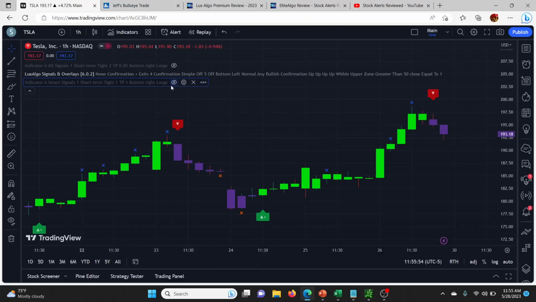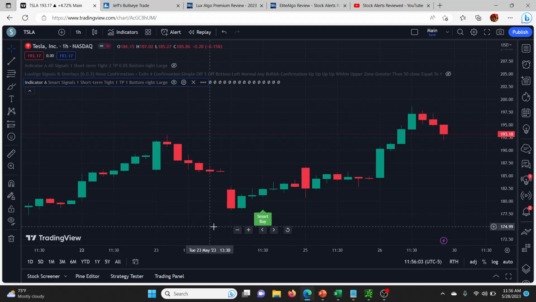Let's look at what EliteAlgo did now. So if I switch off Lux, which is right here, this is just a bare chart. And switch on Elite. You can see although EliteAlgo did call the buy signal on the Wednesday in a really optimal place, which would have been perfect for this run-up, it didn't add a stop, like a take profit or anything, and it certainly didn't give the detail that LuxAlgo did in this case, where it had the buy on the Friday the week before to give you the idea that maybe entering quickly would be a good idea.